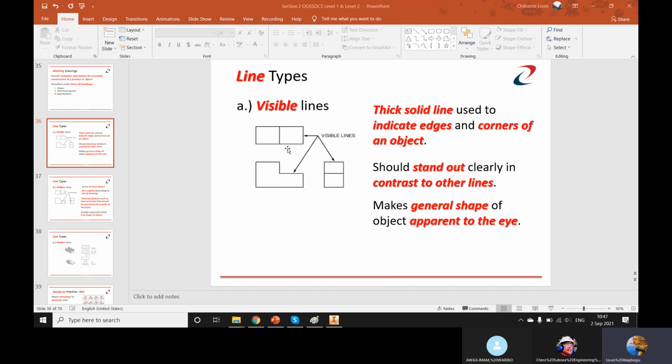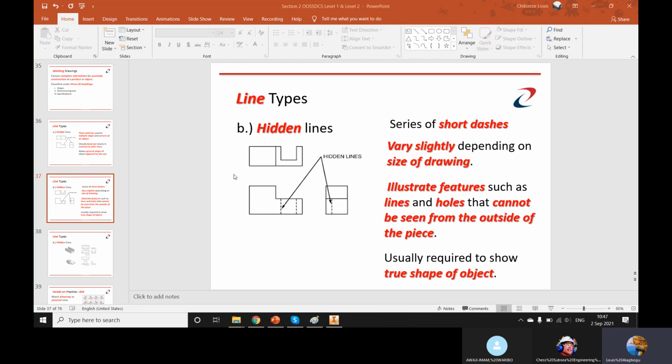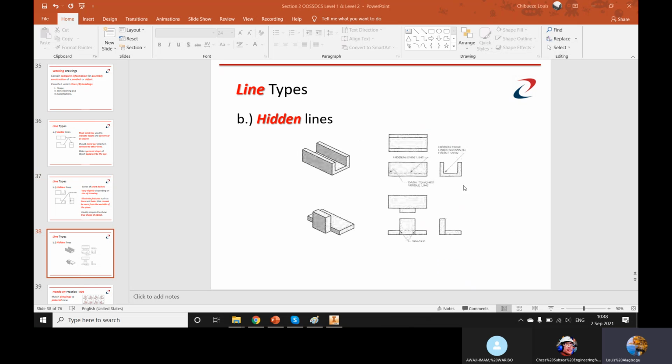Then the next one is the hidden line. They are used to show the parts that cannot be seen from that particular view. This explains it properly. This is an object now. If you're looking at this from the front view, you'd see only this face.